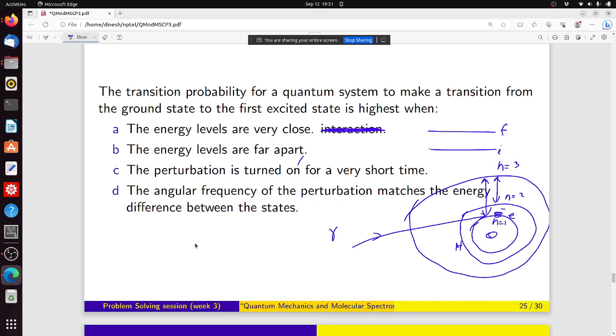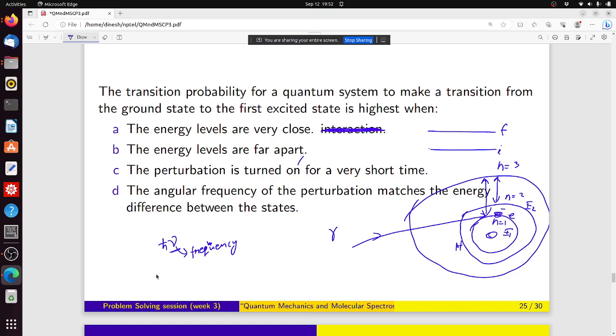You might be familiar with the photoelectric effect, right? The energy of a photon is nothing but h cross nu, where nu is the frequency of light. Let's say this is E1, this is E2.